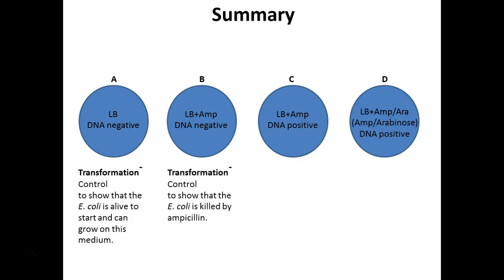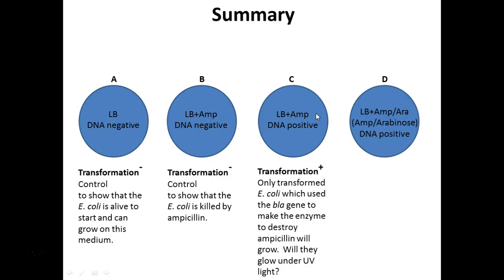They should be killed. These are our 2 transformed plates. Only transformed cells, DNA positive, that actually utilized it and can now grow in the presence of ampicillin, should grow. Will they glow, though? No, because this plate doesn't have what?